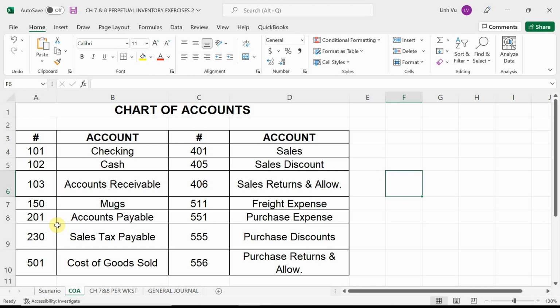We will use all of those accounts, but in this particular order: cash is 102, sales tax is 230, sales is 401, cost of goods sold is 501, and mugs is 150.